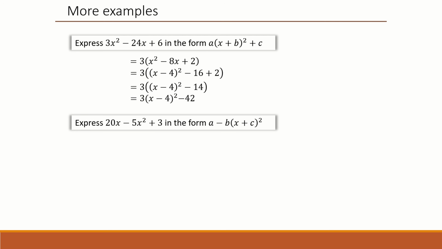For the second question, I would rearrange the formula to give you −5x² + 20x + 3. Expand the bracket to give you that.